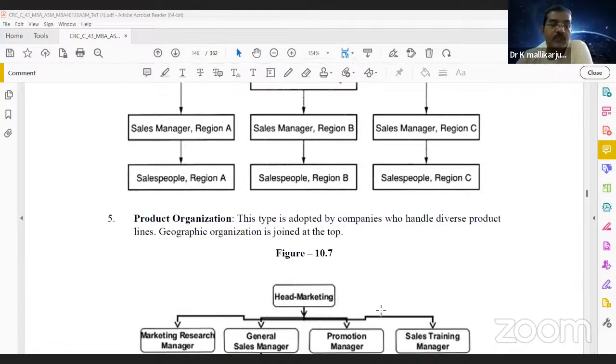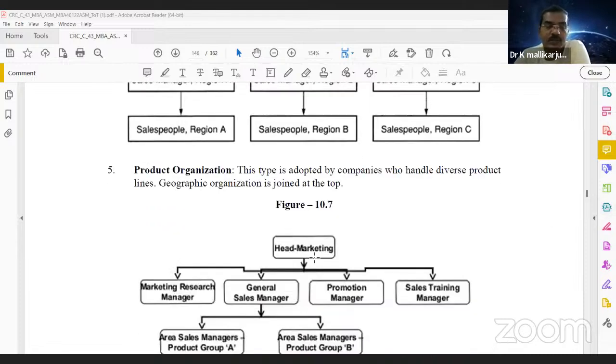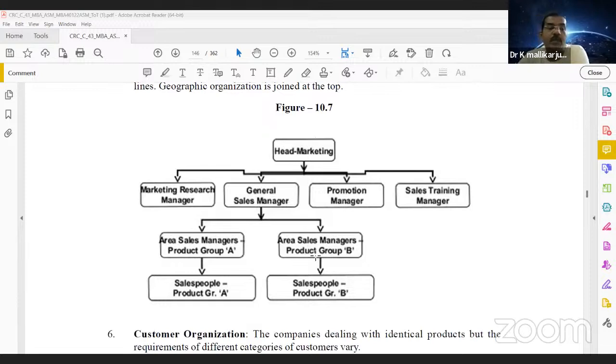After this, there is the product-based organization: head of marketing, marketing research manager, general manager, promotion manager, sales training manager, area sales manager, product A sales manager, product B sales manager.